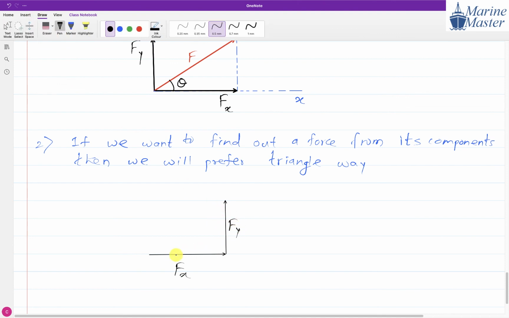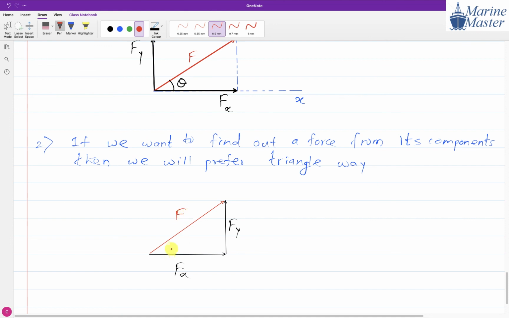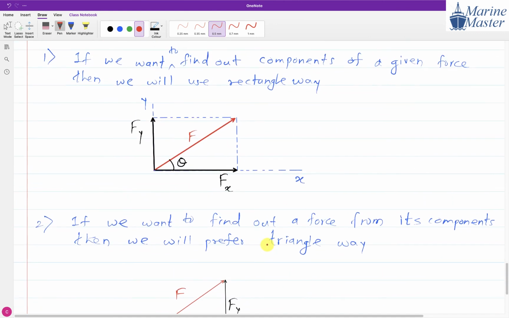We have Fx and Fy, and we want to find the main resultant force of these two forces. So this will become F. And this angle will become theta. Any doubt in this discussion?